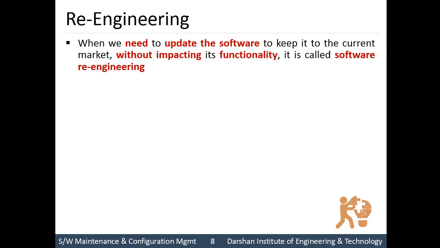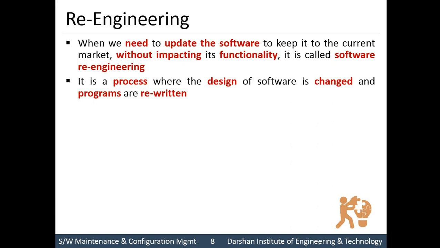When we need to update the software to keep it current with the market without impacting its functionality, it is called re-engineering. Means we already have software, and we want to rewrite the entire software without impacting the current functionality, and also want to add a few new functionalities. That is the concept of re-engineering.